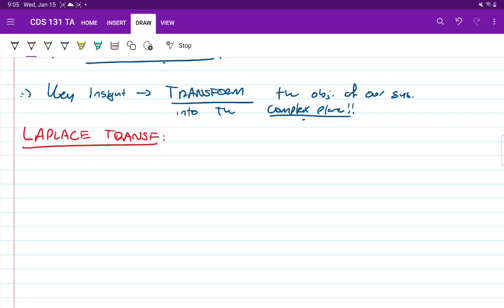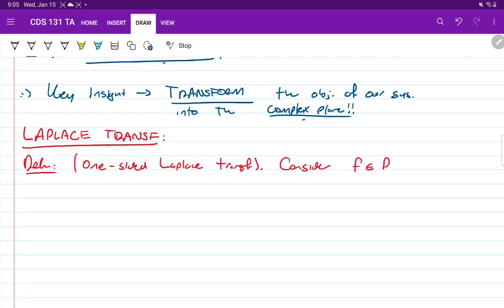Okay? So let me state its definition. We're going to focus on the one-sided Laplace transform. So I'll say consider a function f, which is piecewise continuous, from R into R m by n, let's say.